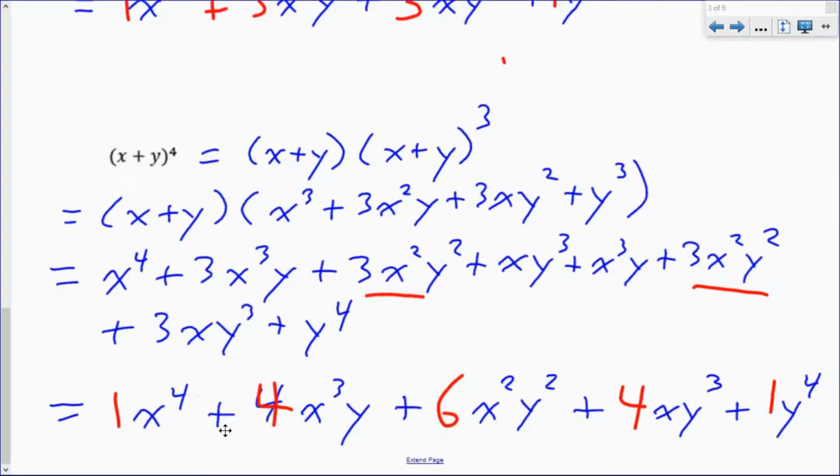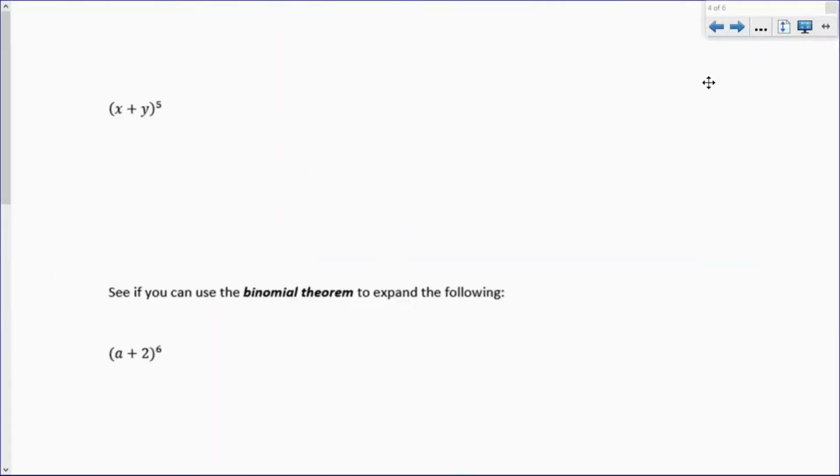Notice it started off with x to the power of 4, and then it went down to x cubed, down to x squared, down to x until it was gone. And as the x exponents counted down, the y exponents counted up. So we might actually take a good guess about what x plus y to the power of 5 looks like. Well, first of all, we might use the 5th row of Pascal's triangle.